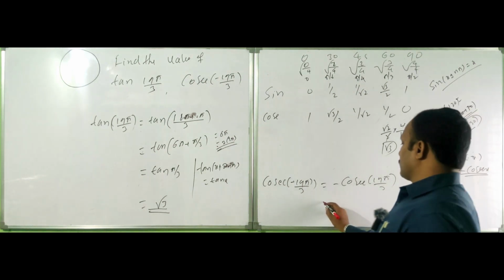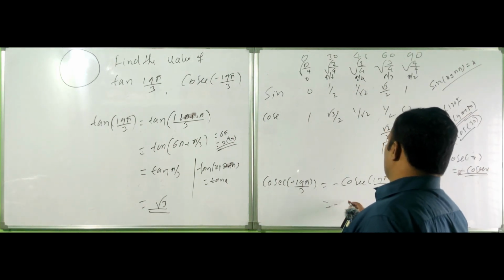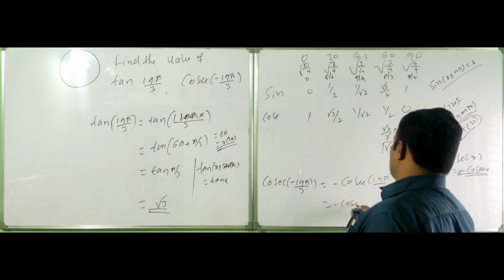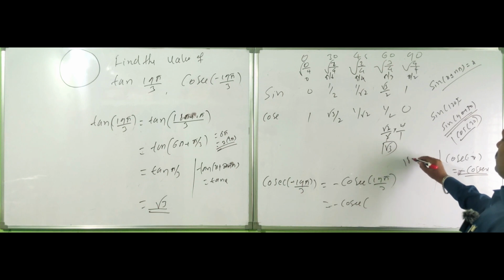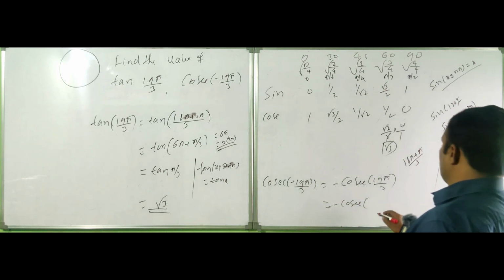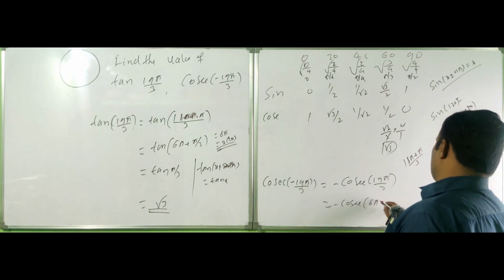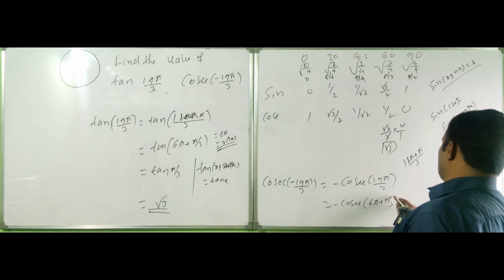Then we can write 19 pi by 3 as 18 pi plus pi by 3, so this becomes 6 pi plus pi by 3.